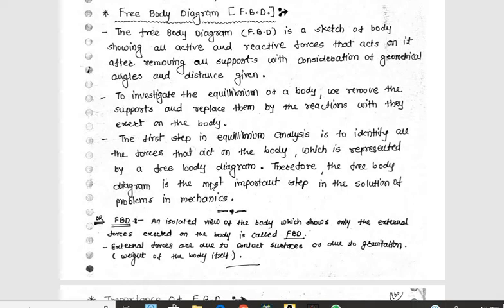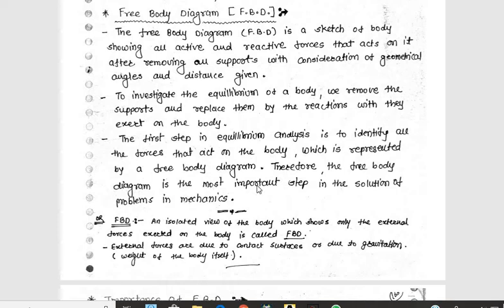The first step in equilibrium analysis is to identify all the forces that act on the body, which is represented by a free body diagram. Therefore, the free body diagram is the most important step in the solution of problems in mechanics.